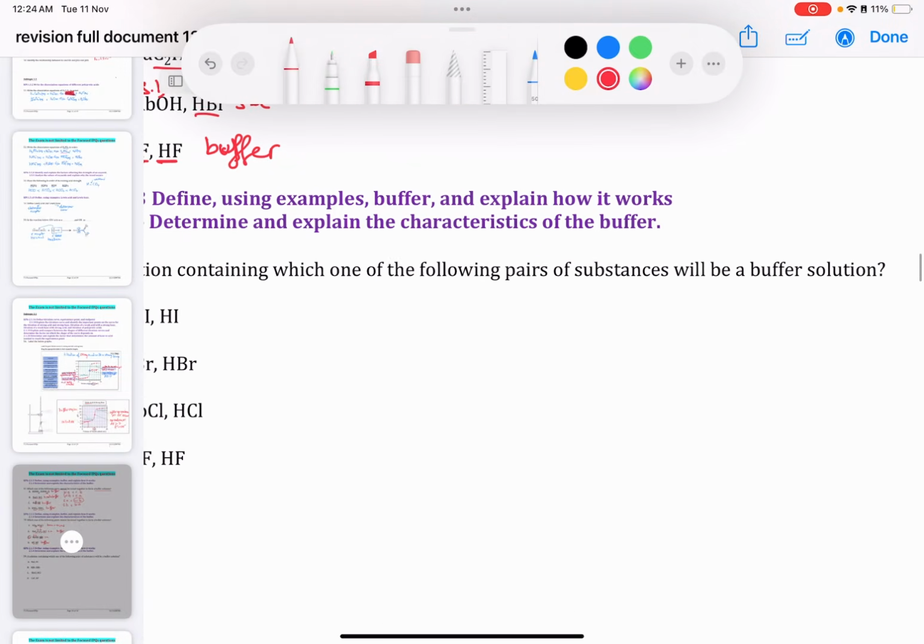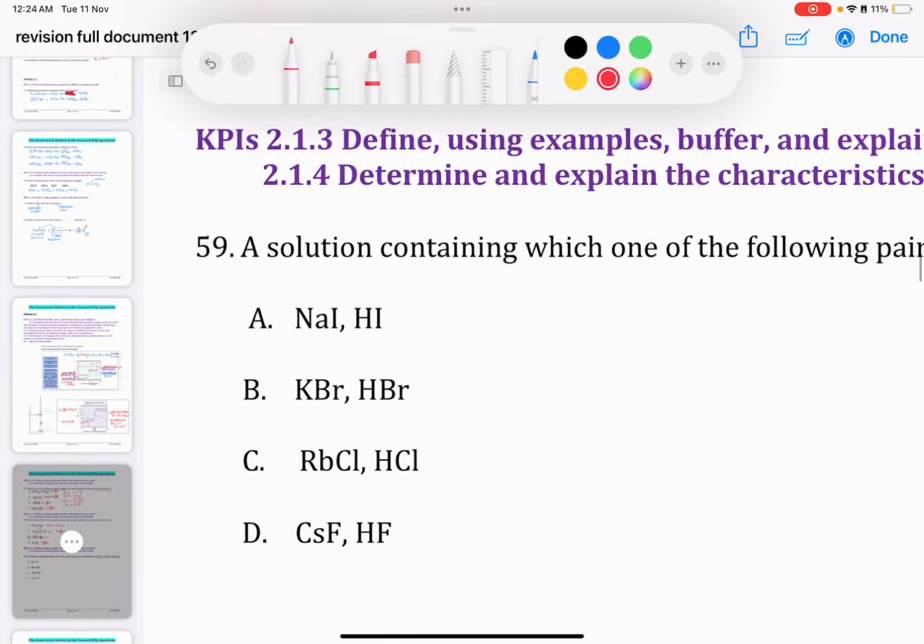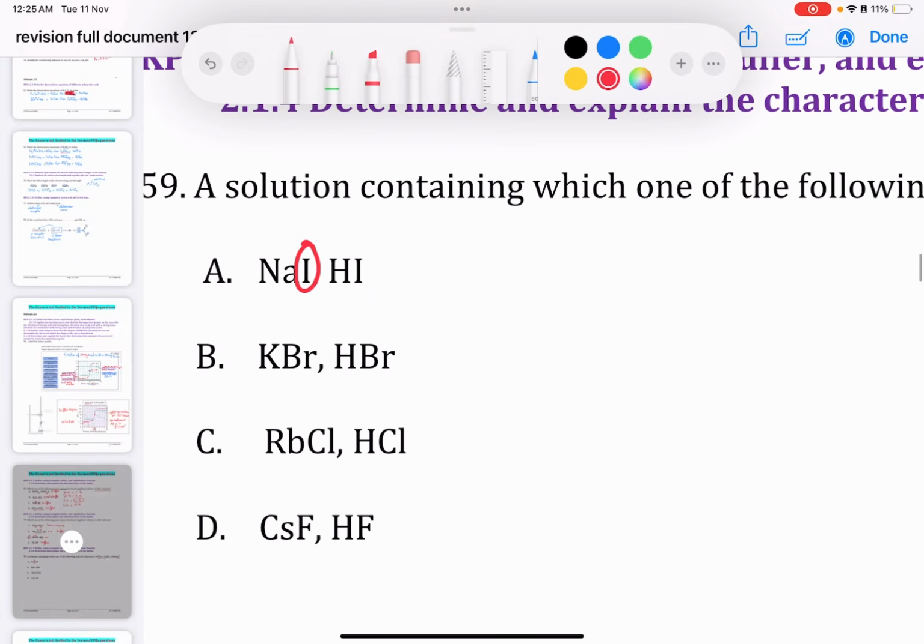Again, which of the following is a buffer? So let's look at it. HI, one hydrogen difference, that is a buffer. Oh, wait. No. I'm sorry. That's not a buffer, and I'll tell you why. Because the conjugate with the acid must be a weak acid, and that is a strong acid.